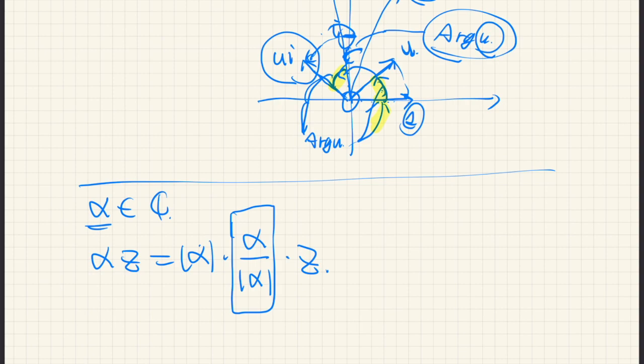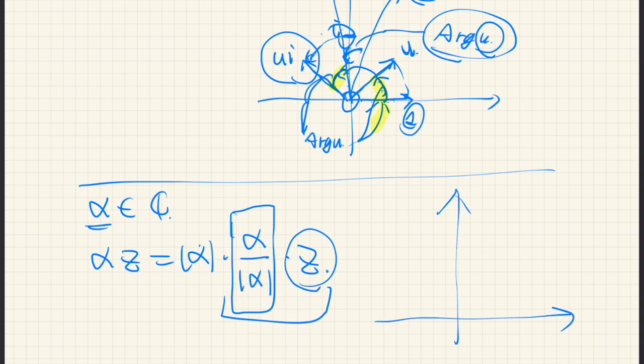So first, by this multiplication, z is rotated. Let's say this is z, and let's say this is alpha. Alpha divided by its absolute value is a point somewhere on this arrow, but of length 1.